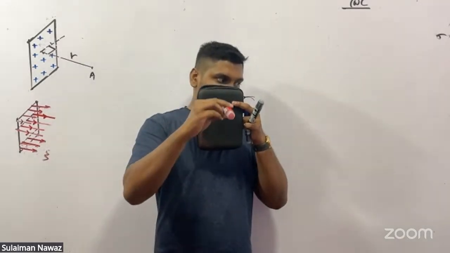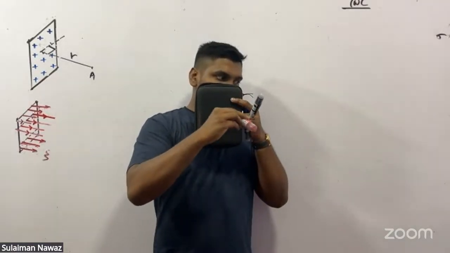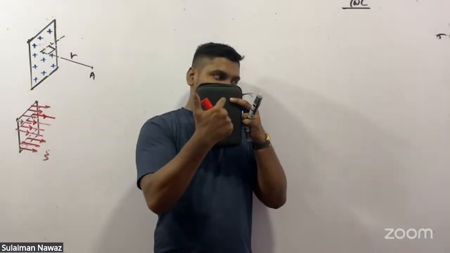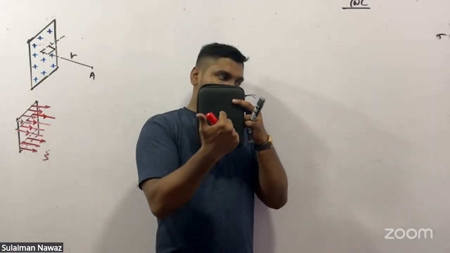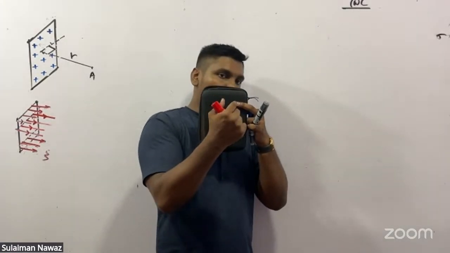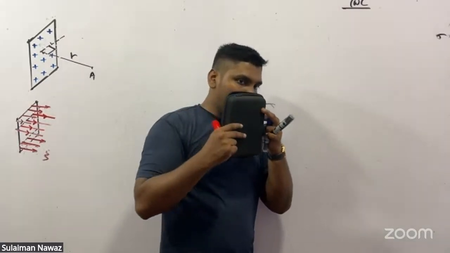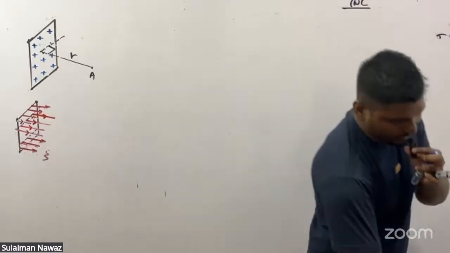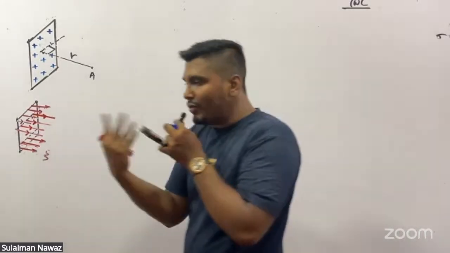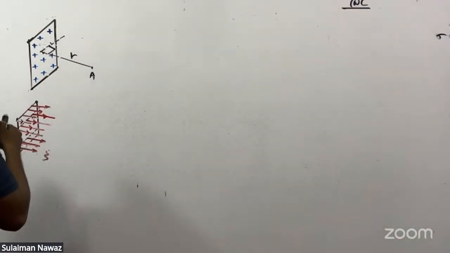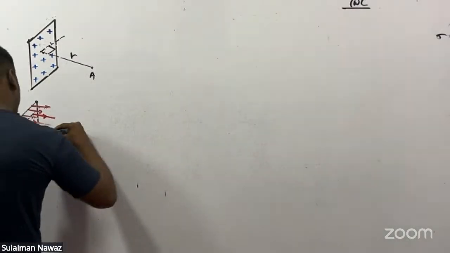Okay? It doesn't matter. You select a rectangular area, a circular area, or a triangular area perpendicular to the electric field lines. Whatever shape, circular, rectangular or triangular, it is going to be perpendicular to the electric field lines.